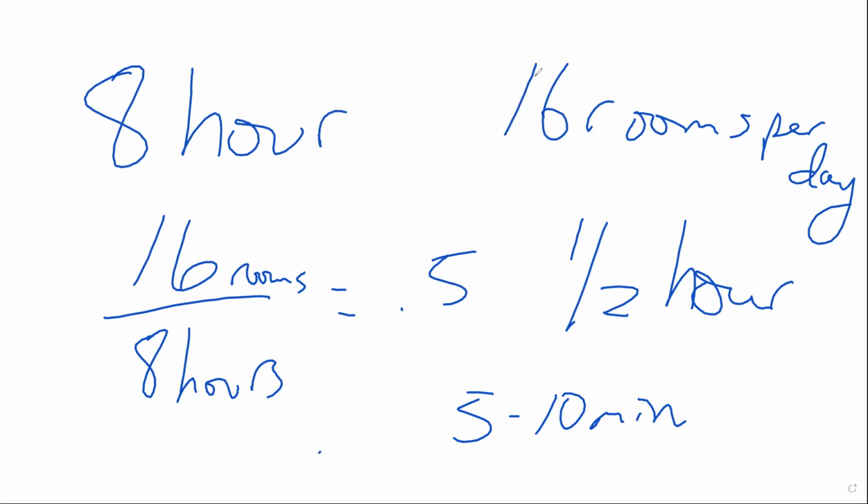So if we can do 5 minutes per room and there's 60 minutes, that's 12 rooms per hour, right? So in an 8-hour shift, 8 times 12, 96 rooms. So in a 100-room hotel, you could, in theory, have that, but you may not want it necessarily to be 96 rooms.